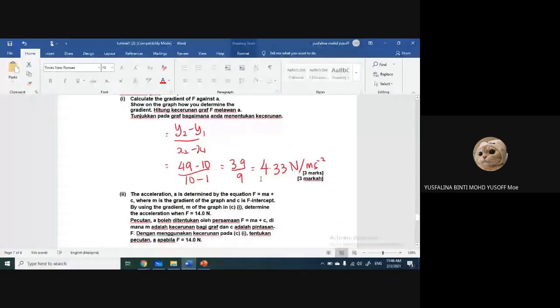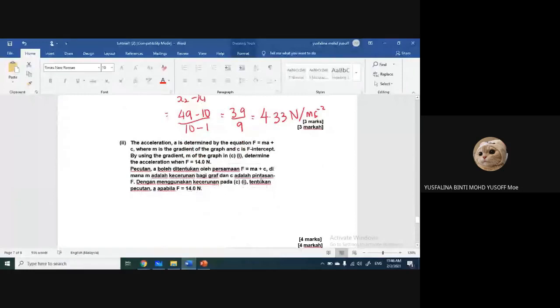All right, number 2. The acceleration is determined by the equation F equals ma plus c, where m is the gradient of the graph and c is the F intercept. By using the gradient m in C1, determine the acceleration when F is 14.0.